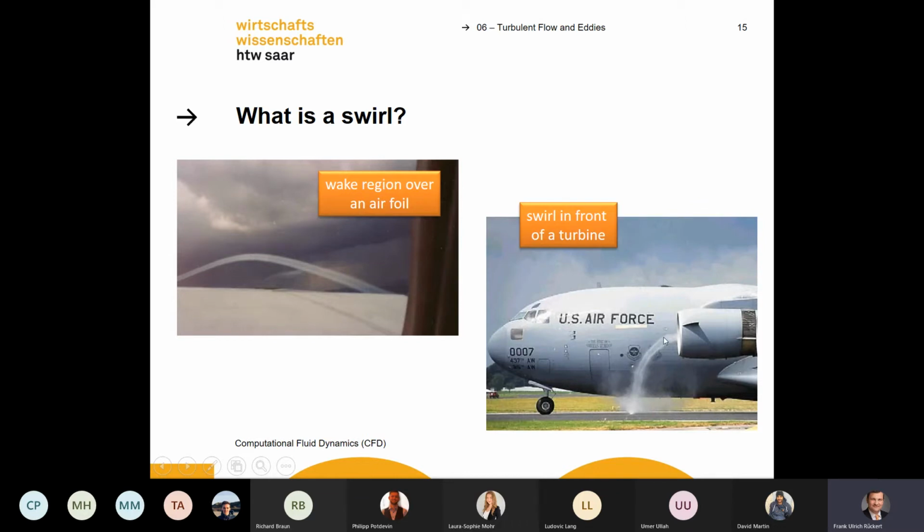Or even this picture, it shows you a swirl, and because the pressure is so low in this region, condensation occurs, and condensation happens to this stream. It looks a bit funny, but the swirl here hits the ground. And that is what happens also to hurricanes. Hurricanes always try to touch the ground because it is less energy consuming for the fluid flow.